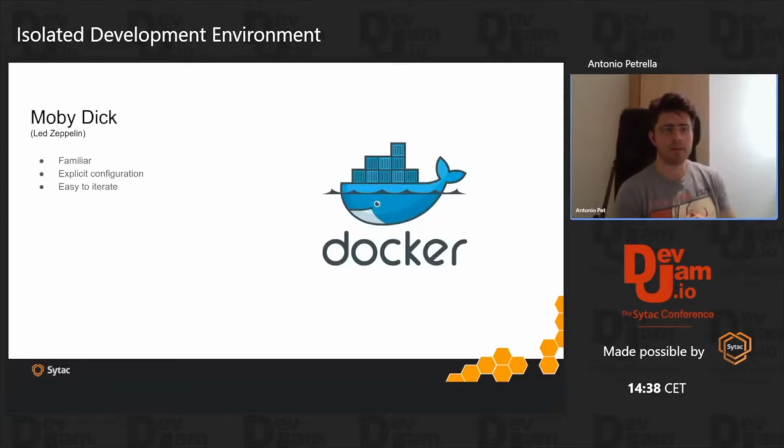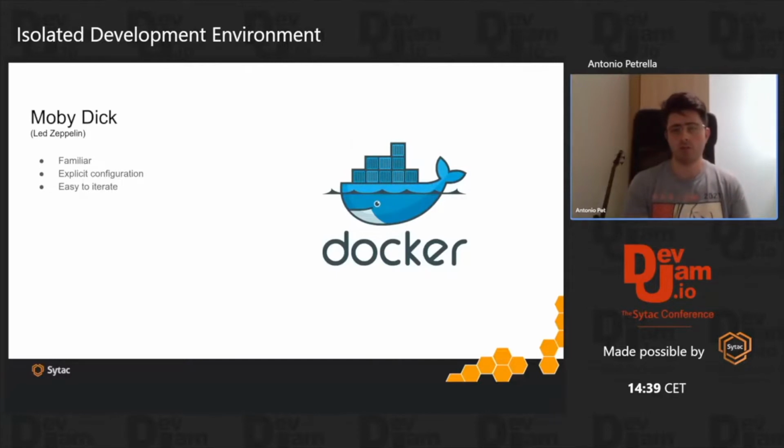So, okay, but why Docker specifically? Why don't you use other technologies like Snapd or Nix? Well, the main reason is that I'm familiar with Docker. I approached Docker and containerization for work. I have used it for a few years already. I know how to configure it. There are a lot of guides around, and a lot of containers to start from.